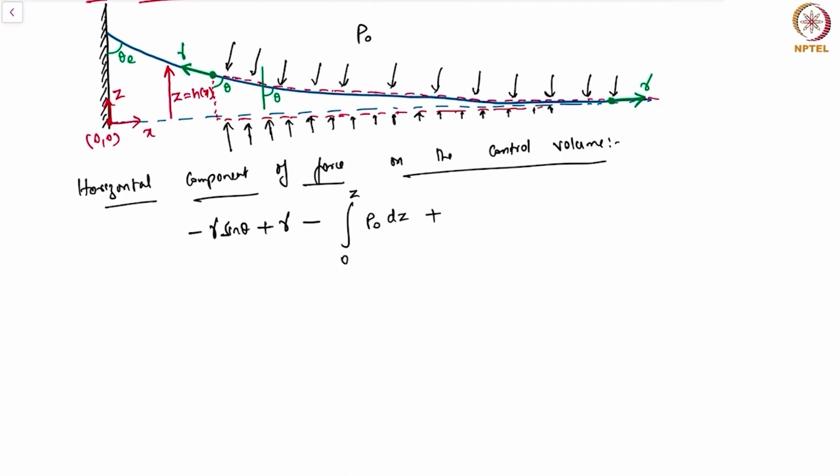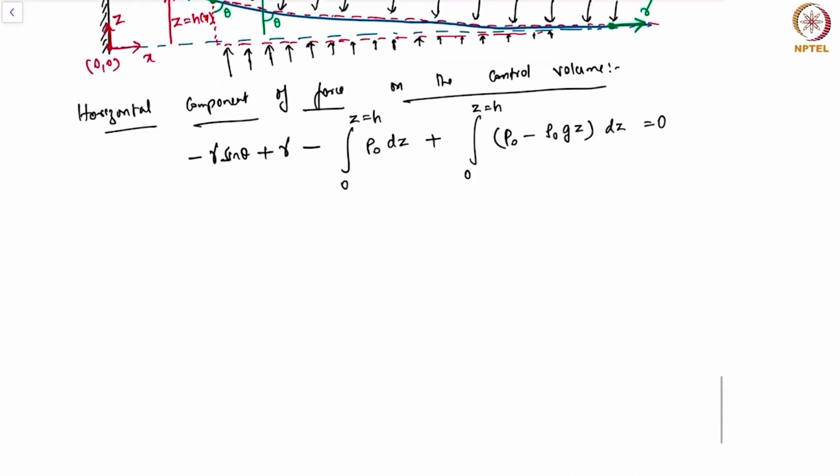Remember that the pressure at the bottom would be P naught minus rho naught g z. That's the pressure on the bottom surface that I'm going to integrate going from 0 to the height of the meniscus, so from 0 to z equal to h. And this whole thing has to be 0 because we are in equilibrium.